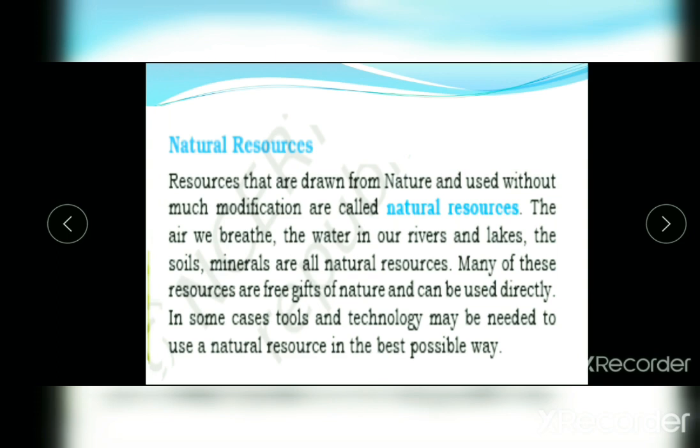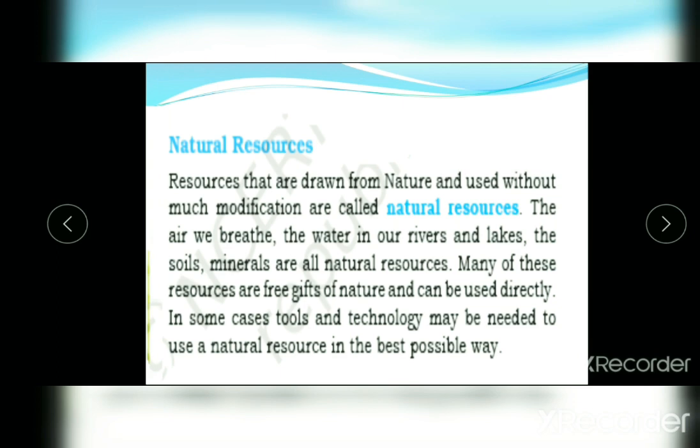In some cases, tools and technology may be needed to use a natural resource in the best possible way. For example, when we pluck a fruit from a tree and after washing it directly start eating it, then it is called a natural resource.